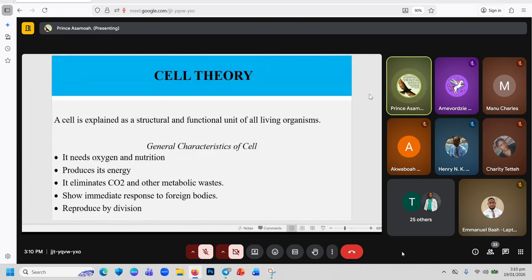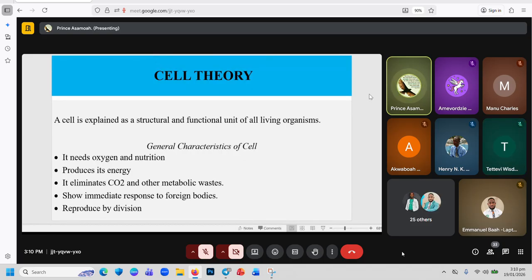We explain the structure. We explain the function of a cell in a living organism. If we try to explain this, then we are doing cell theory. So we have to be able to understand how these cells are structured and how they function, their respective organelles, how they play out in the living cell to make a cell be a cell as we all know.